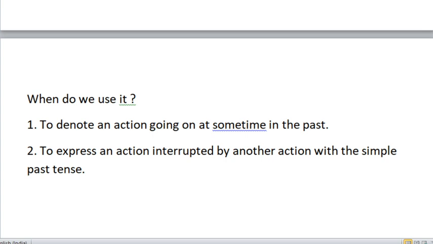This is all about it. And the third use of this: if you want to express two or three actions, not back to back, but two or three actions at the same time, at that time we can use the past continuous tense.